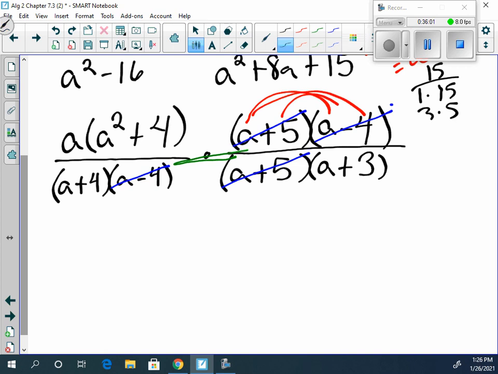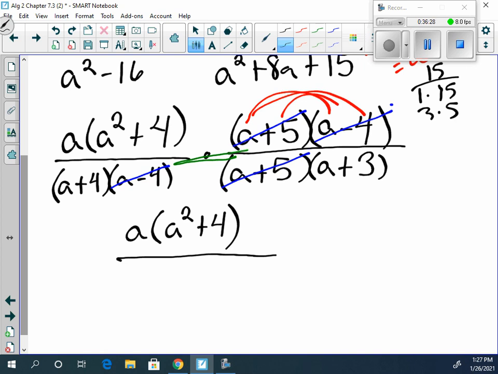And even if it did, if one of them factors, the other is going to have to factor also, which means a squared plus 4 would have factored with whatever it was on bottom. So that doesn't factor, and everything is as simplified as it gets. So it leaves us with a times a plus 4 on top because everything else simplified.